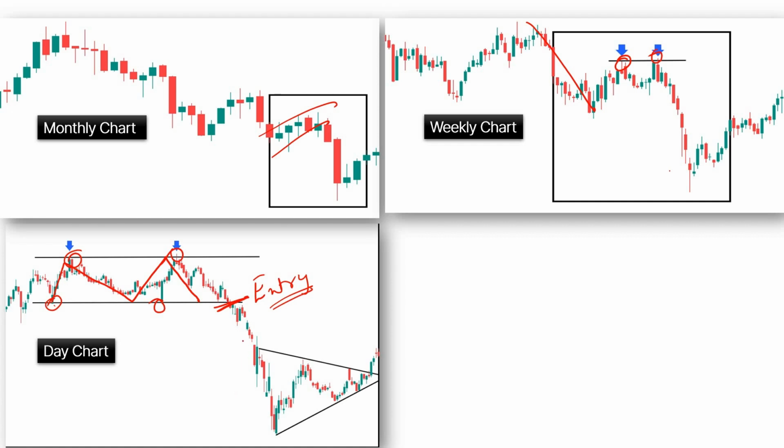And you can easily get this much of a down move. A 1:3 risk to reward ratio is offered by this structure, right? So yes, you can take entries on this down move, but you need to analyze it on multiple time frames, right?